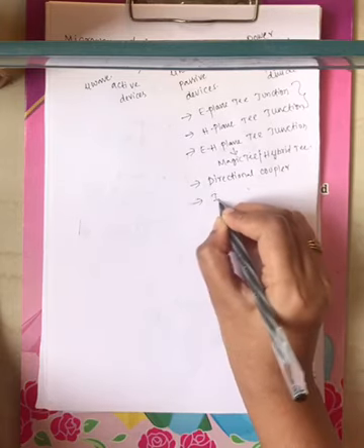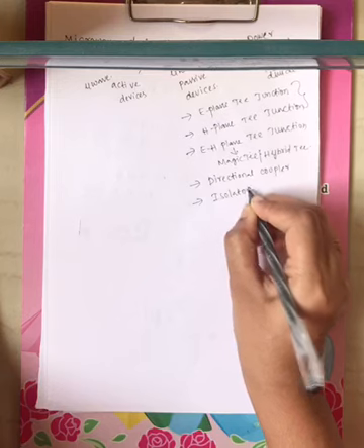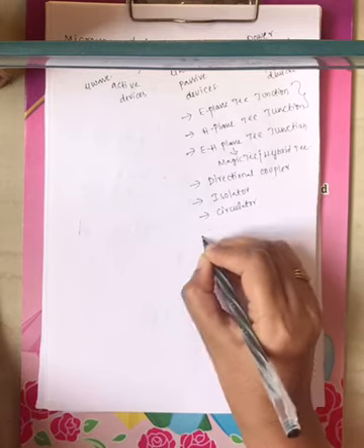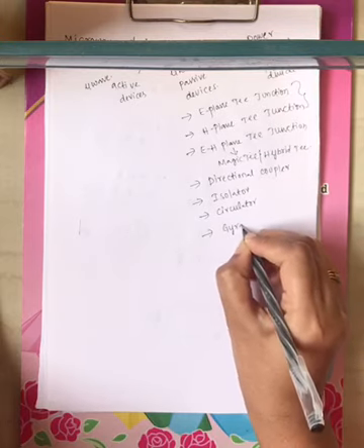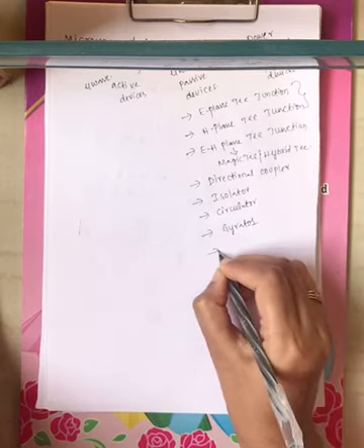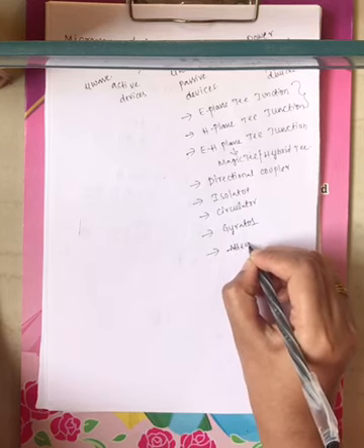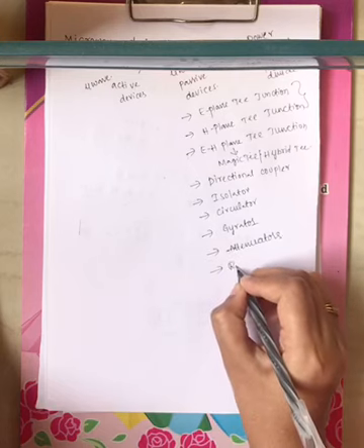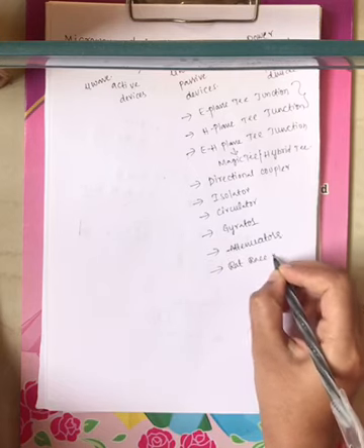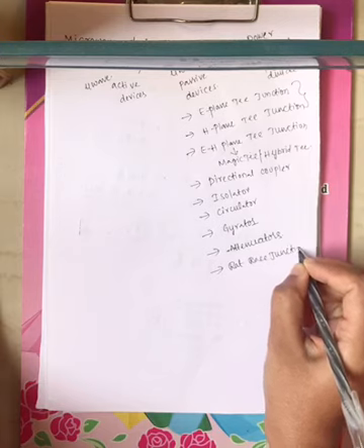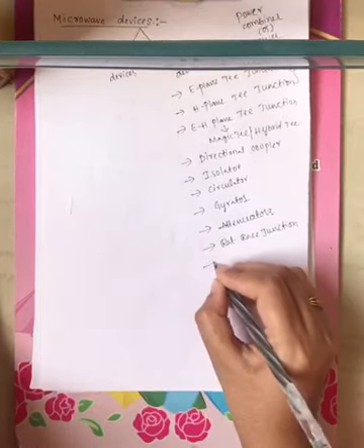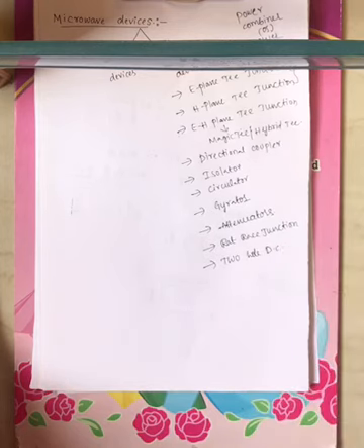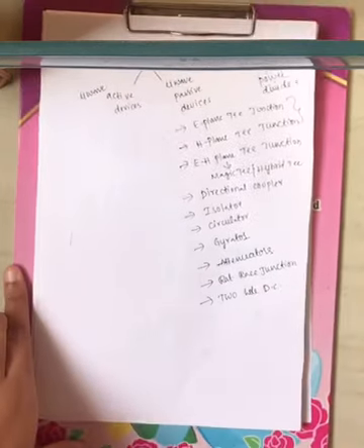Beyond this you have components such as the isolator, the circulator, the gyrator, attenuators, the rat race junction, and the two-hole directional coupler. All these are microwave passive devices.